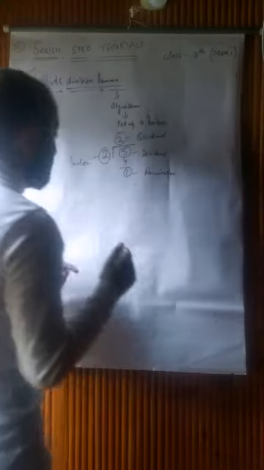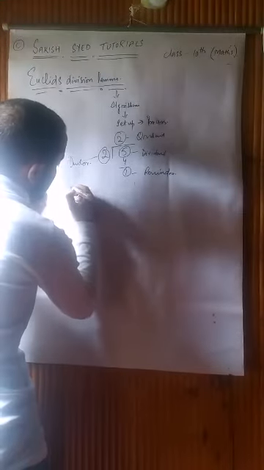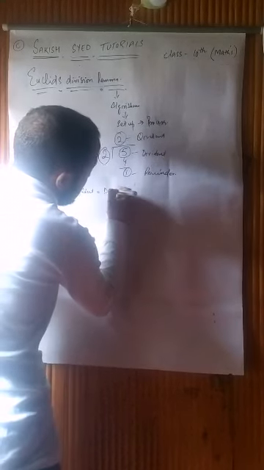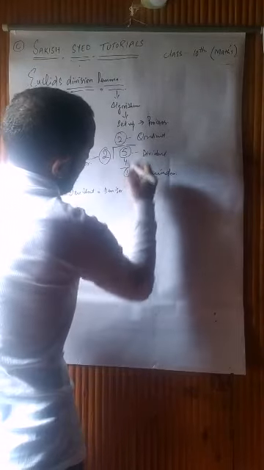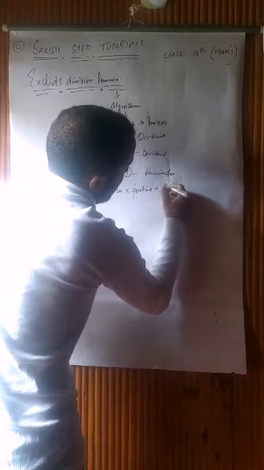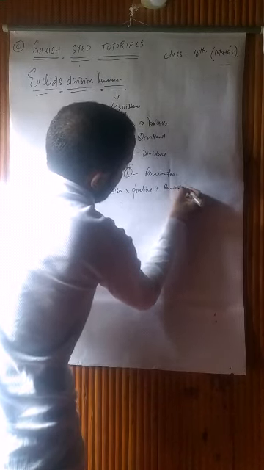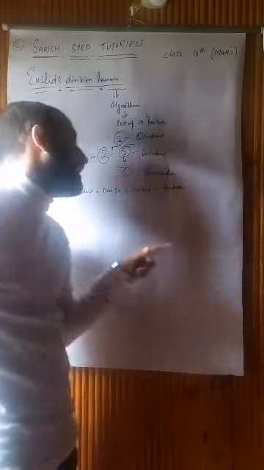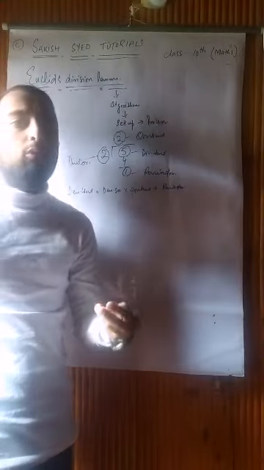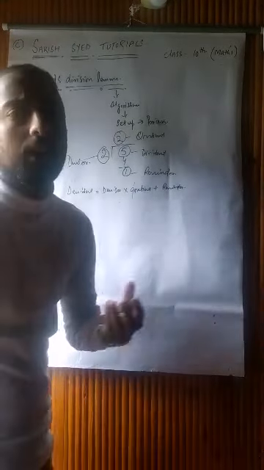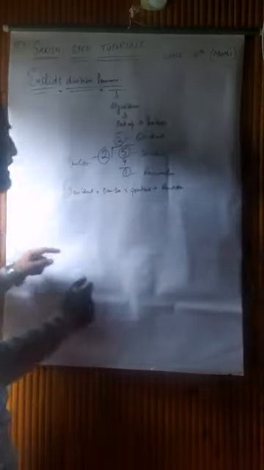So what is the relation? The relation is like this: the dividend is equal to the divisor into the quotient plus the remainder. Now Euclid denoted these ingredients with specific alphabets.